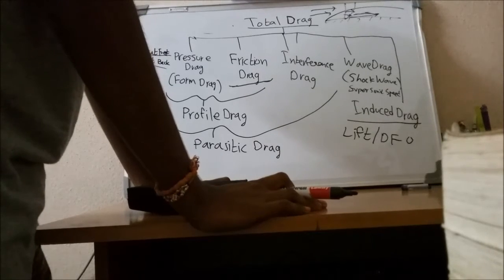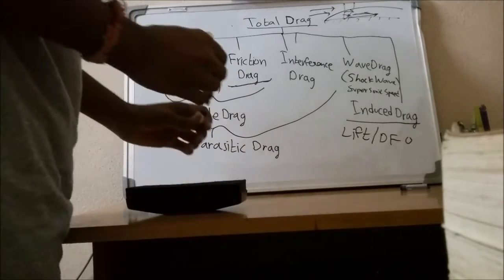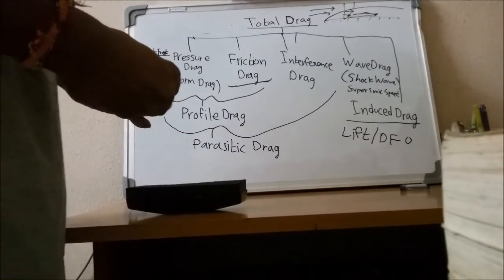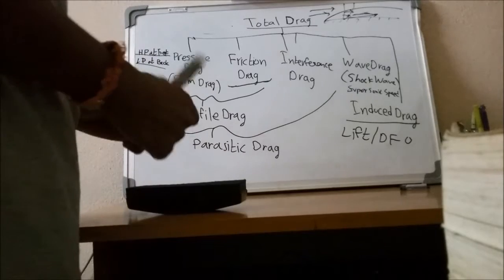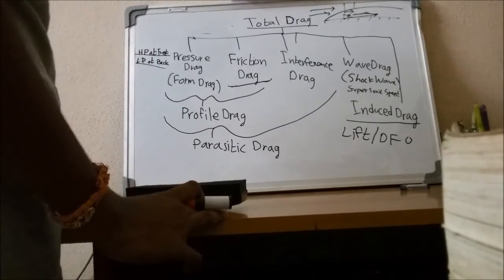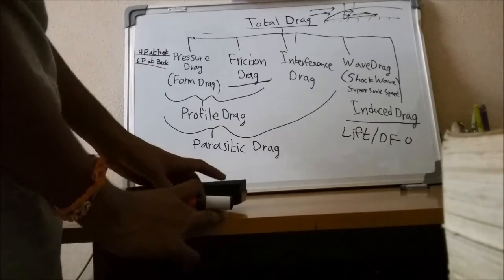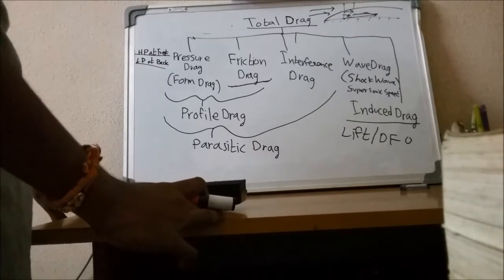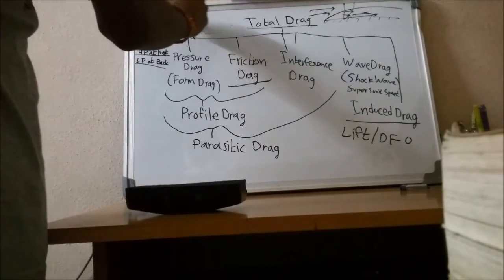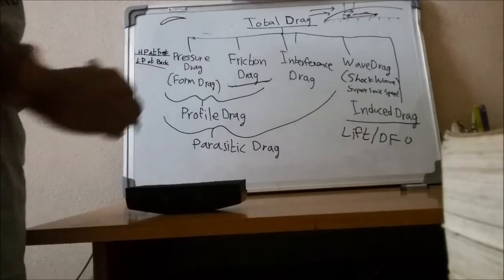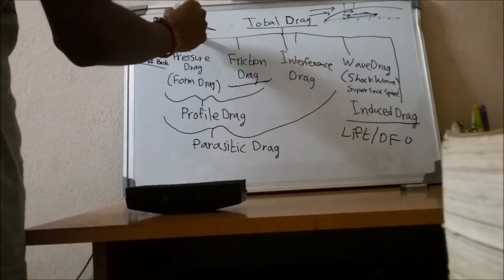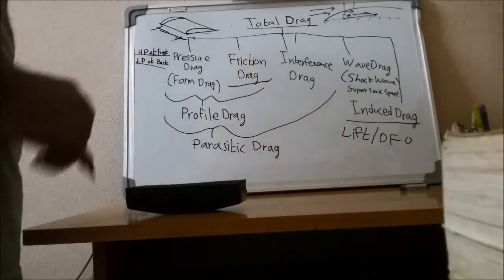In case of an infinite wing, the aerofoil shape is infinite, and we consider the fluid to be 2D. In practice, a wing is a 3D object and it has a finite length. Say this is the aerofoil shape, and you have the finite length of the wing.